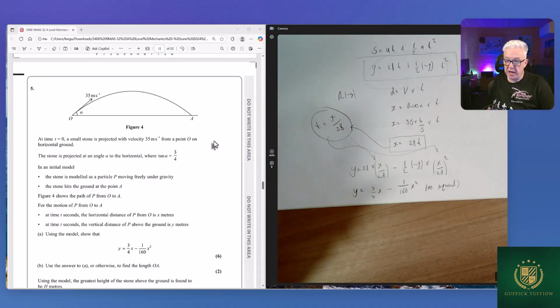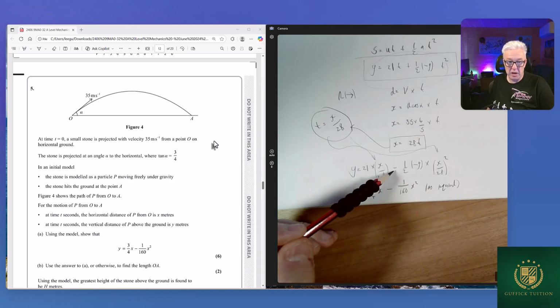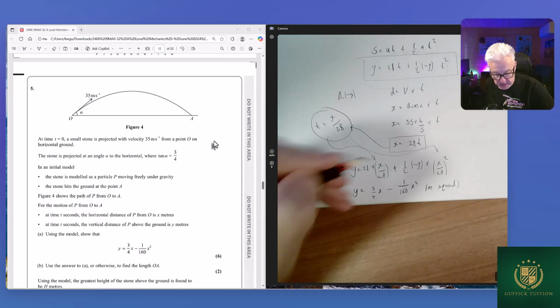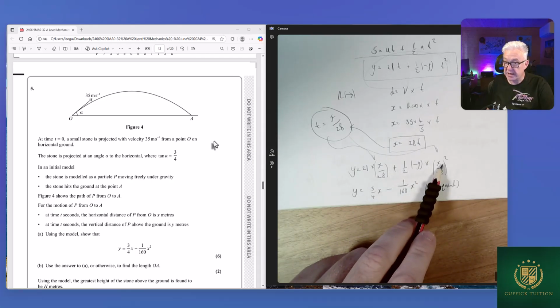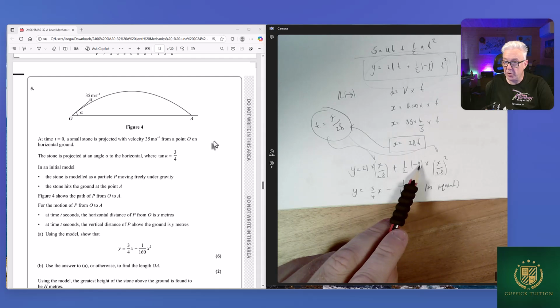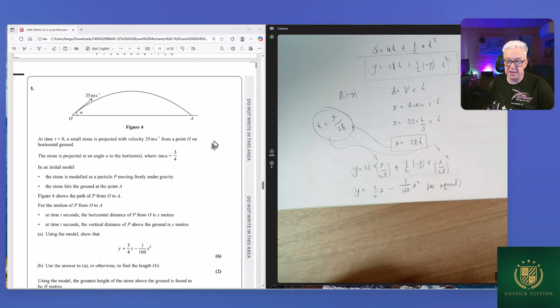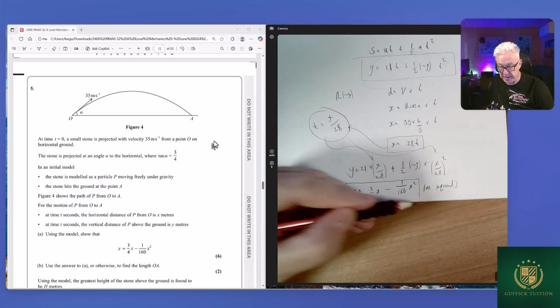And when we do that, we get 21 over 28 times x, which simplifies to 3/4, which is encouraging. And we have minus, we have actually that's plus there. So plus a half times minus g times x squared over 28 squared. Now, when you put 9.8 over 2 and over 28 squared, it simplifies into 1 over 160. So we've therefore derived that equation for those 6 marks.